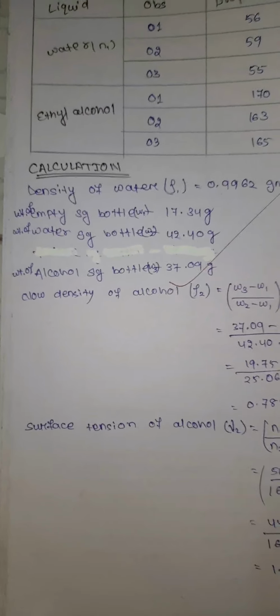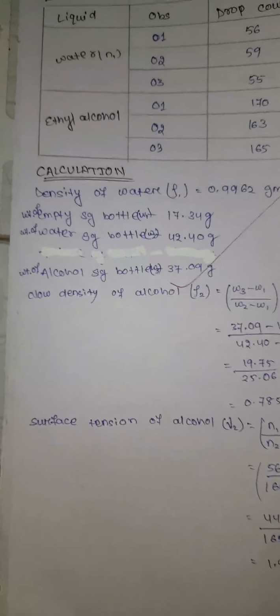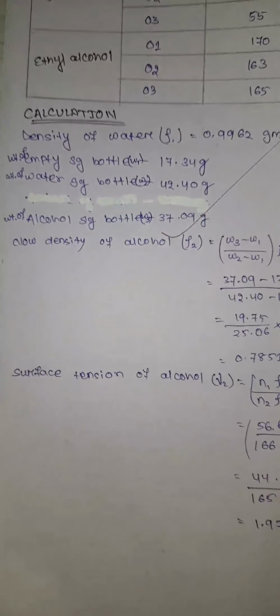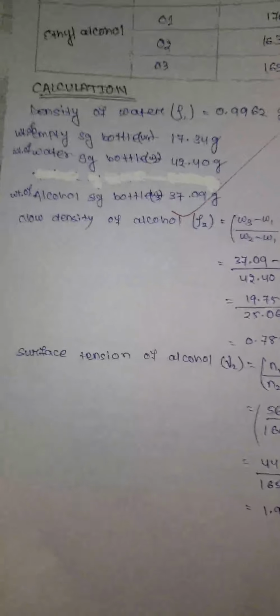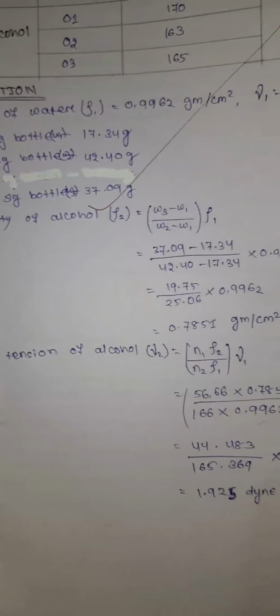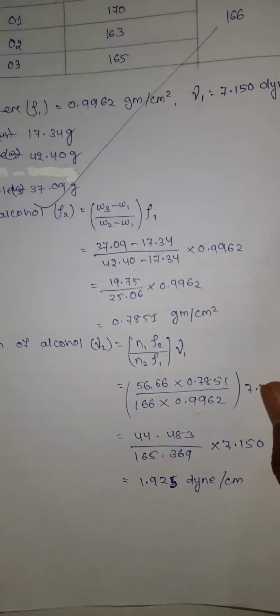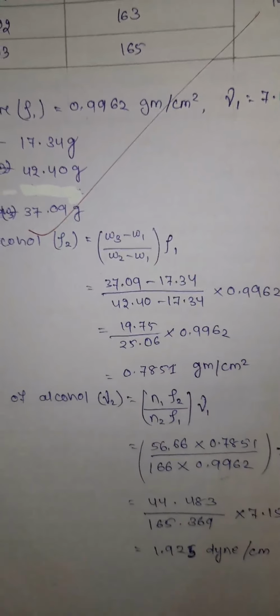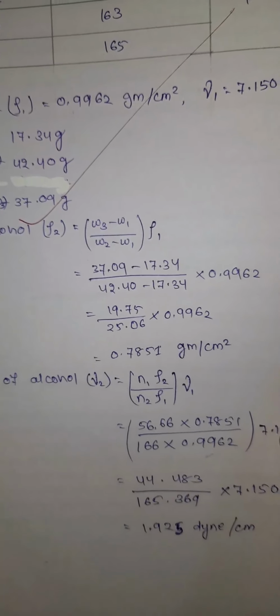The density of water, ρ1, then weight of empty SG bottle, weight of empty SG bottle plus water, weight of empty SG bottle plus ethyl alcohol, then the density of alcohol is determined by taking this formula, ρ2 is equal to W3 minus W1 by W2 minus W1 into ρ1.